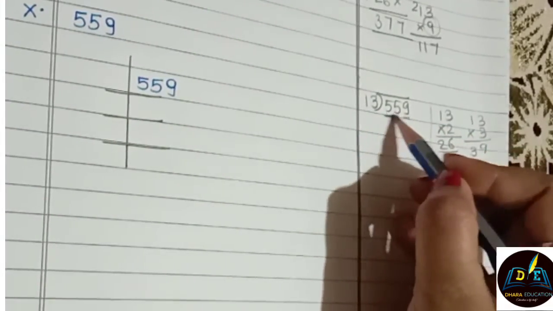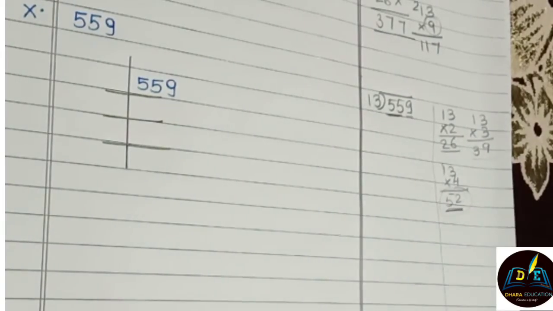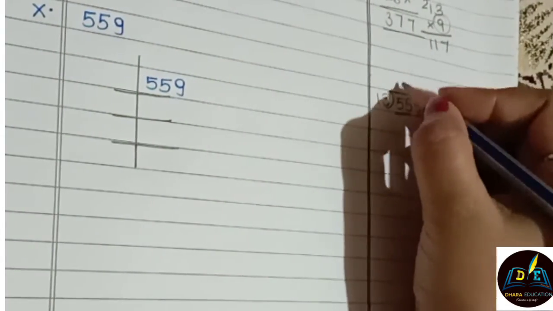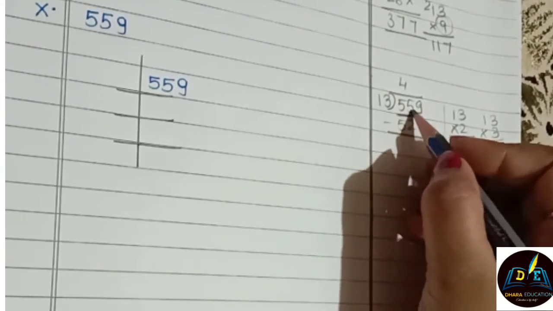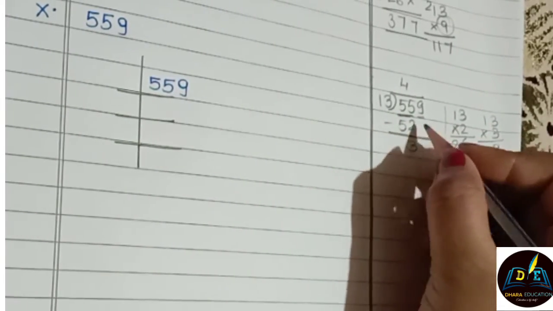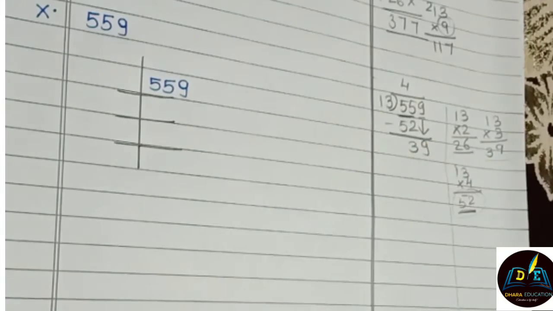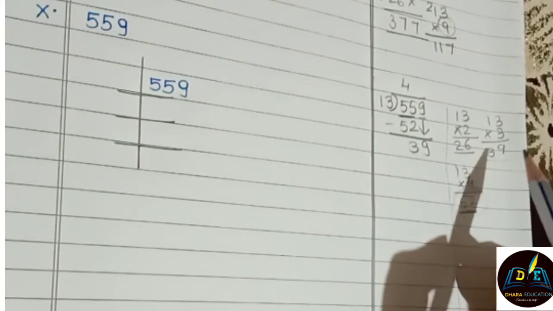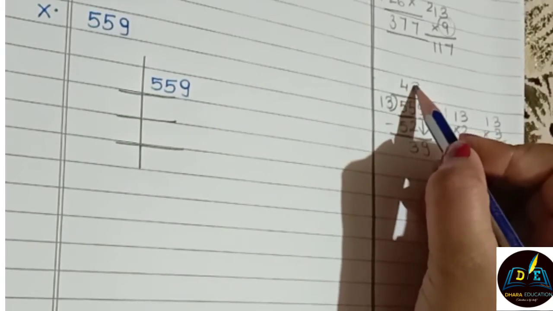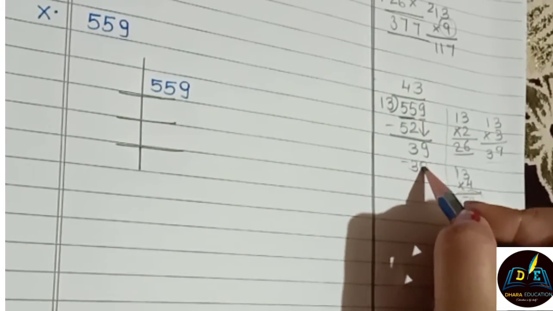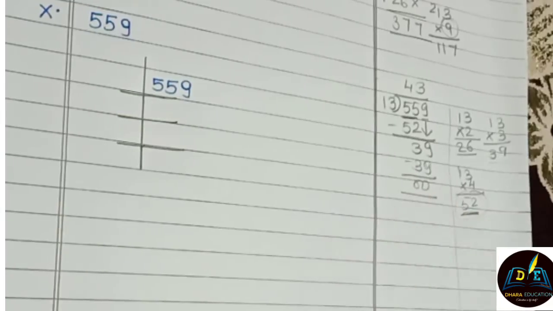Here it is 55 and here we are getting 52. So 13 4s are 52 we will take, and 55 minus 52 we will get 3, and here 9 will come down. As I have already shown, 13 3s are 39. So we will take 3s are 39. It is as simple as it is.